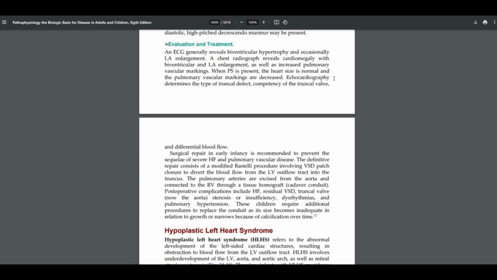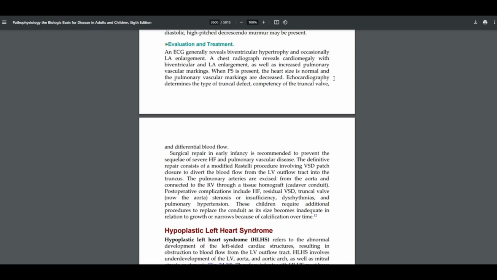When pulmonary stenosis is present, the heart size is normal and the pulmonary vascular markings are decreased. An echo determines the type of truncal defect, competency of the truncal valve, and differential blood flow. Surgical repair in early infancy is recommended to prevent the sequelae of severe heart failure and pulmonary vascular disease.